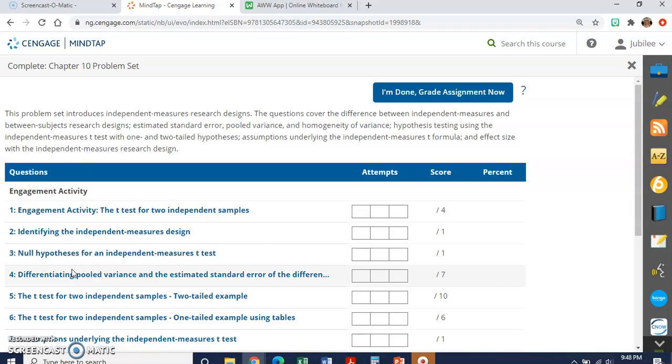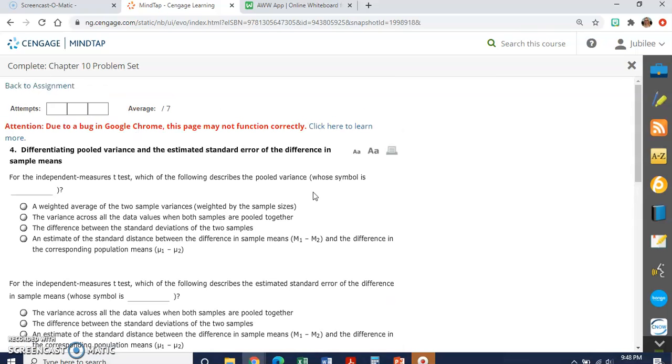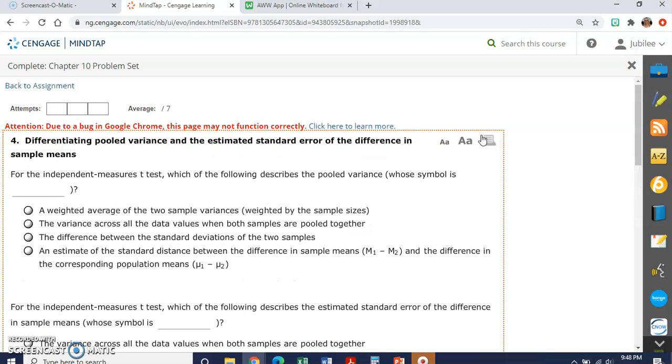Okay, so I'm going to go over the Chapter 10 problem set, question number 4. To complete this question, you'll want to have your PowerPoint handy so that you can pull up the formulas.